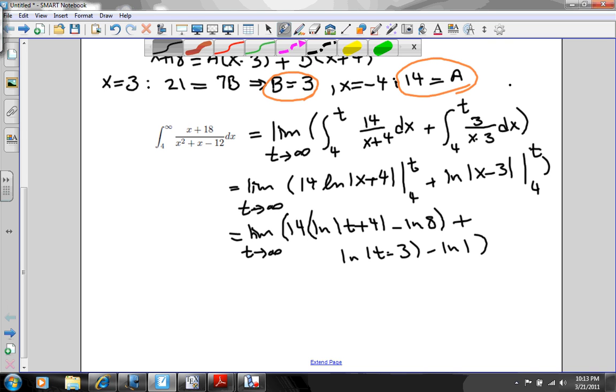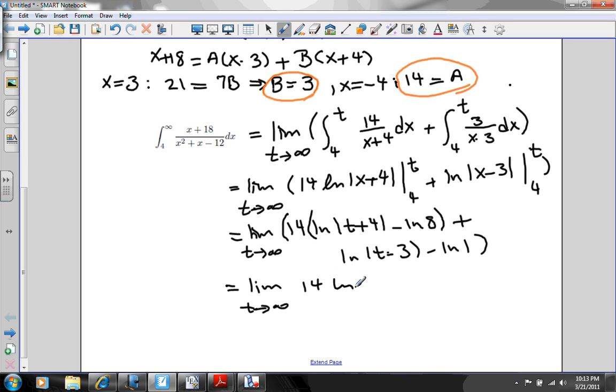So let's continue and write this all as one ln. The limit as t tends to infinity of 14 times (ln of (t + 4) minus ln of 8), which is 14 ln of (t + 4) over 8.